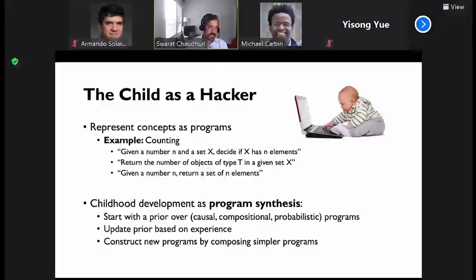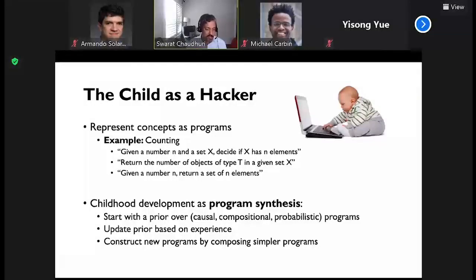But the point is that these concepts are programs, and so the process of acquiring these concepts through a series of experiences, you can imagine naturally as a form of program synthesis. So you could imagine the child that's just starting out in the world as having a prior over these programs, and these programs represent causal models of the world.